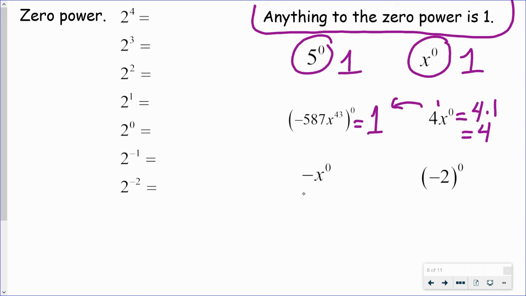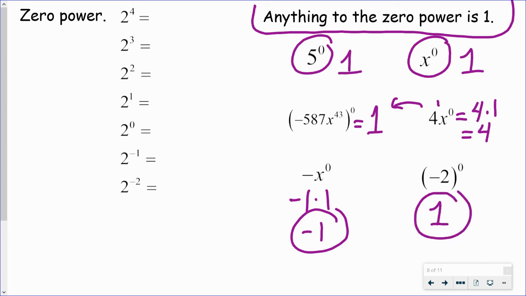This, if you really think about it, is -1 times x to the power of 0, which is 1. -1 times 1, that one would actually be -1. But this last one here, the power of 0 is 1 because the parentheses does change that.